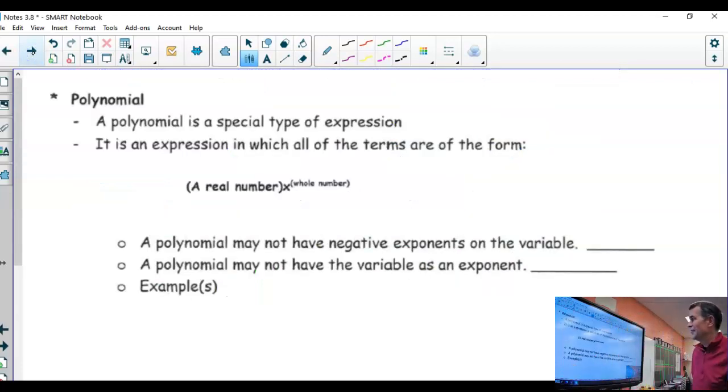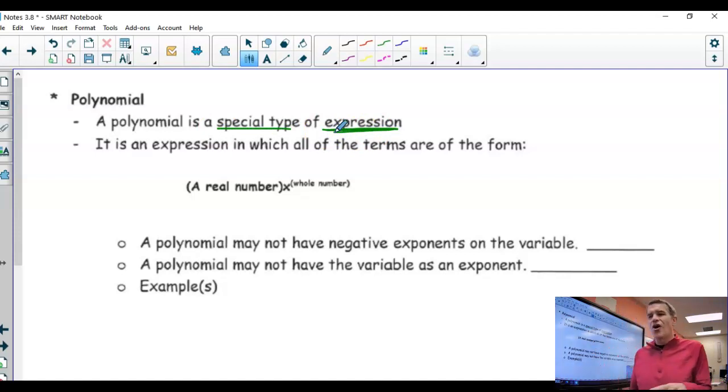What is a polynomial? Well, a polynomial is a special type of expression. Not all expressions are polynomials. They have just a couple basic rules. All right, a polynomial is an expression where all of the terms look like this.